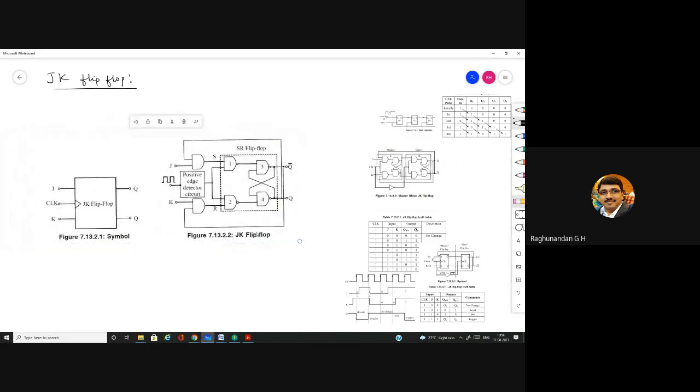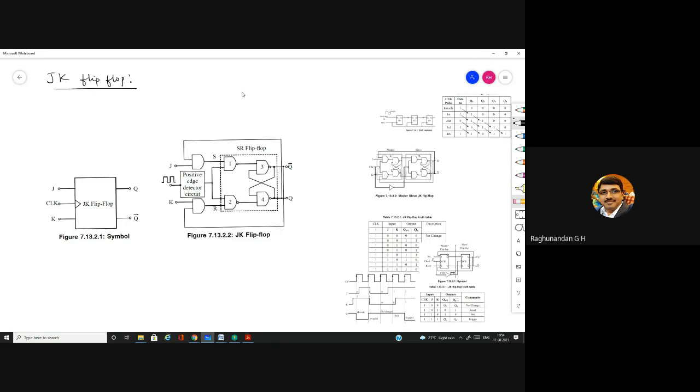You can see here, similar to SR flip-flop, JK flip-flop is also having two inputs and one clock, and Q and Q bar we are having. So this is the basic block diagram of JK flip-flop.